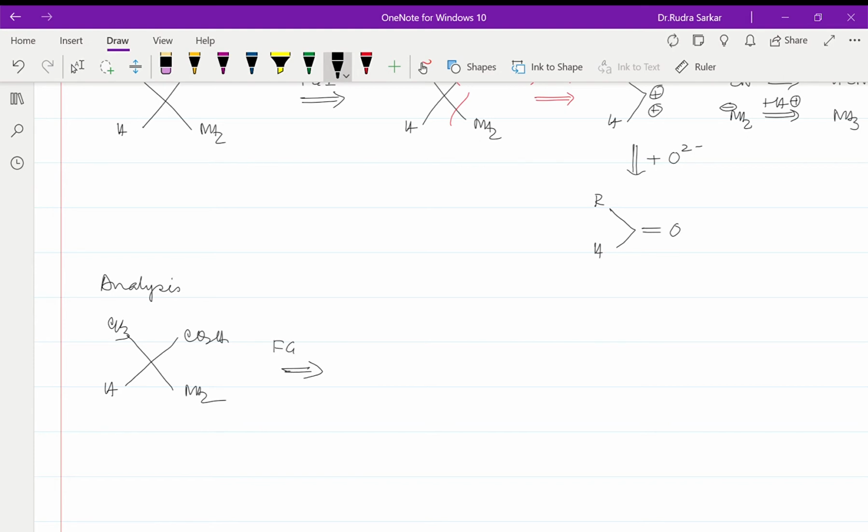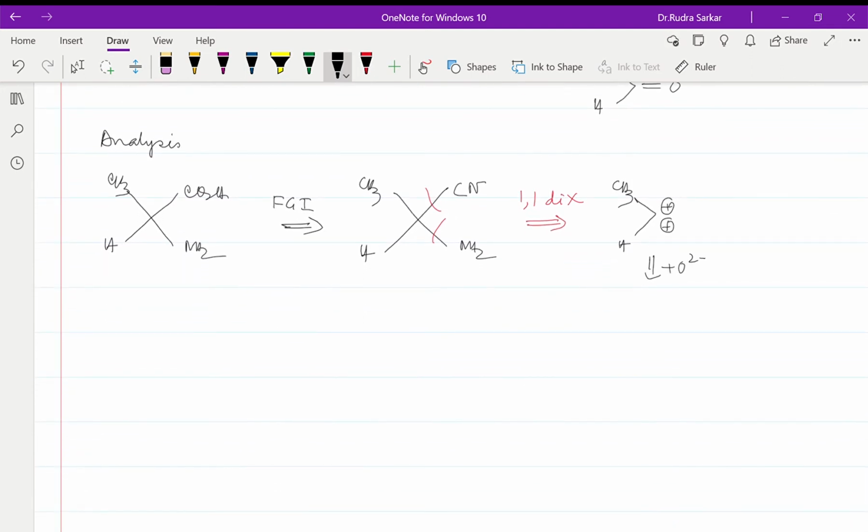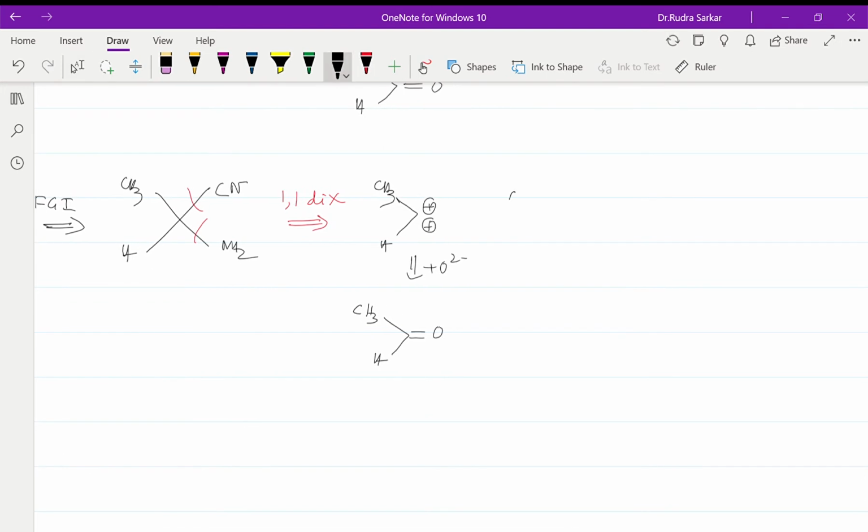Let's do the FGI, and it converts the carboxylic group to cyano, followed by the disconnection at the 1,1 position, that is 1,1 DIX, and then the synthons we get are as follows, for which we will add O2 minus, so we are getting CH3 C double bond OH, and we have CN and NH2.